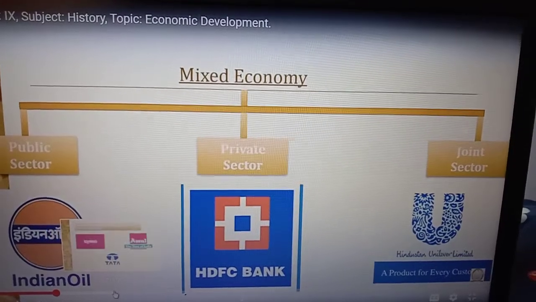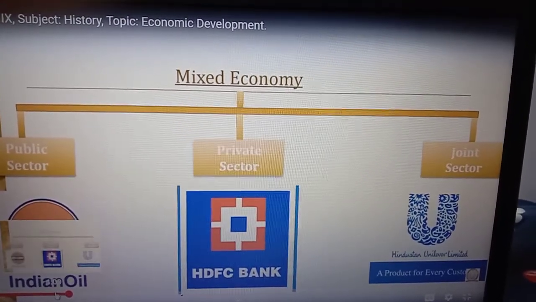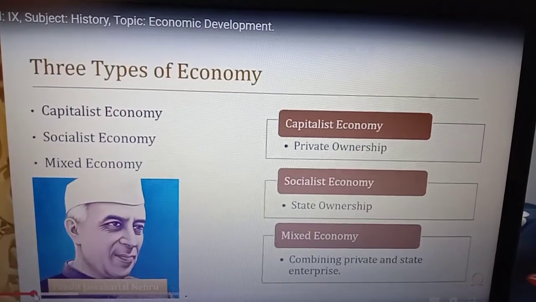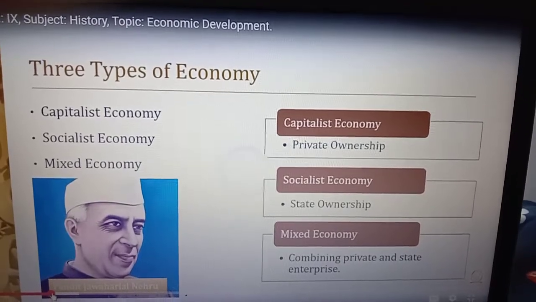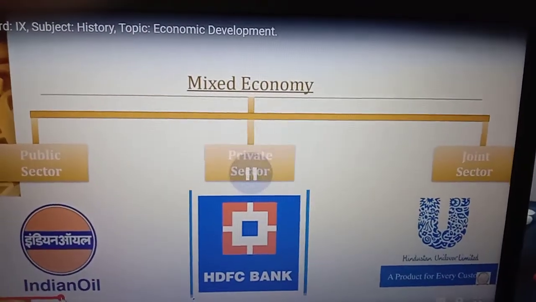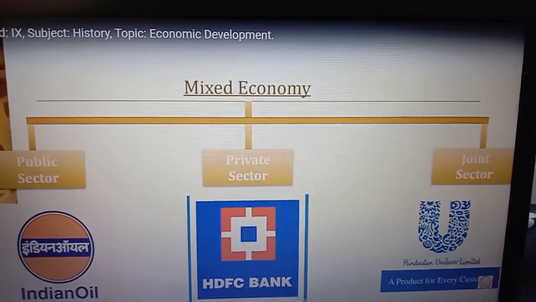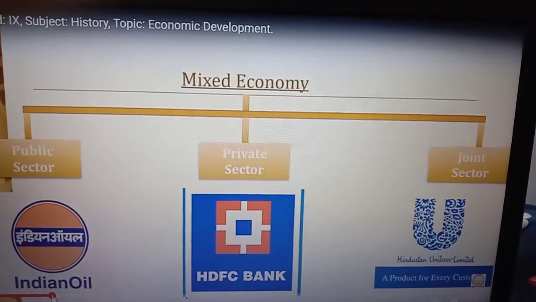The government also supervises it, for example consumer goods, but the maximum control will be with the private sector. For example, private banks like HDFC Bank come under the private sector.